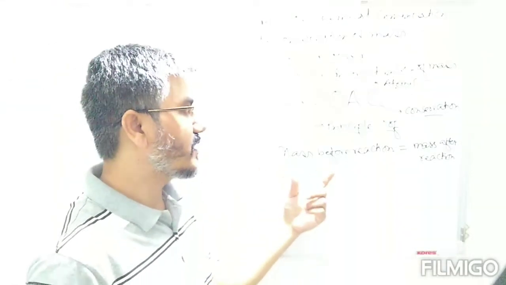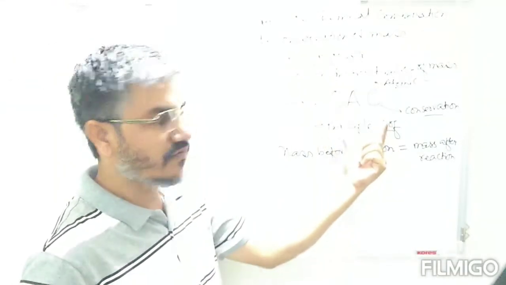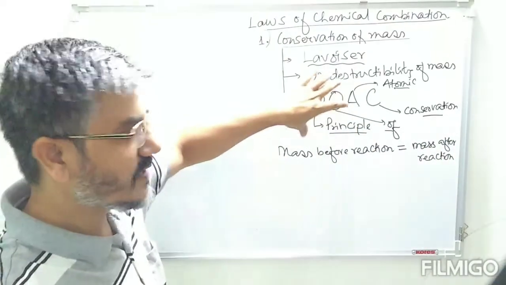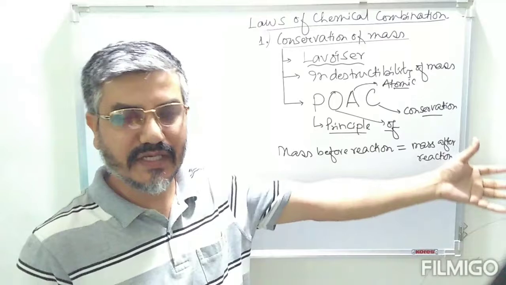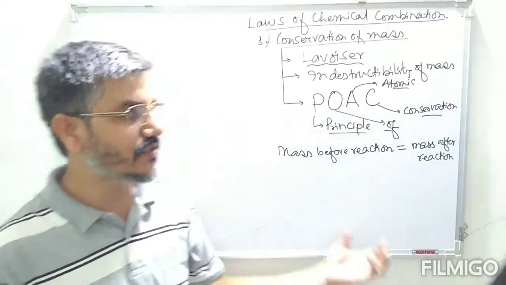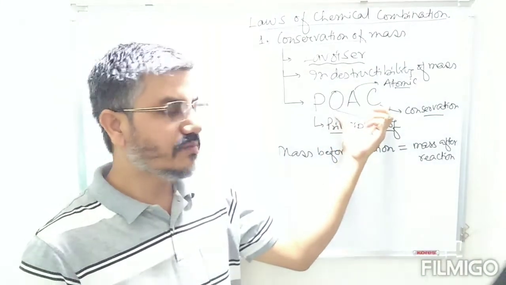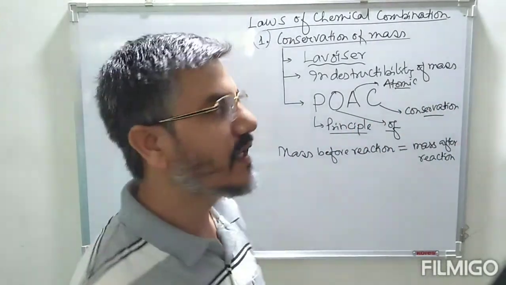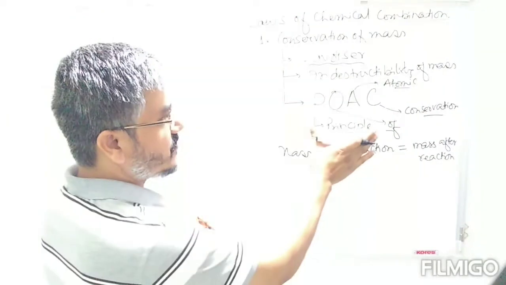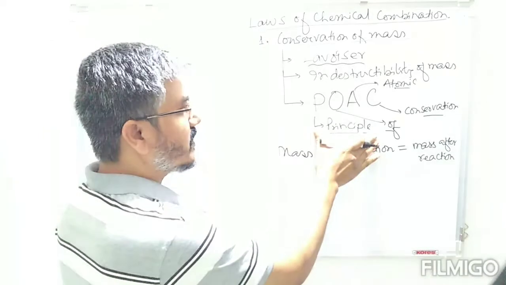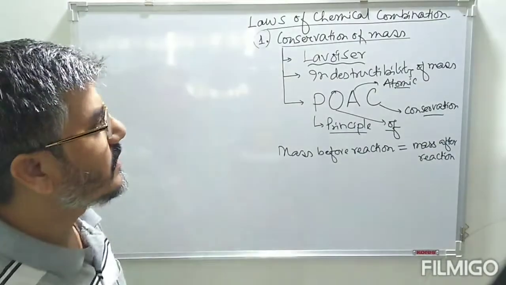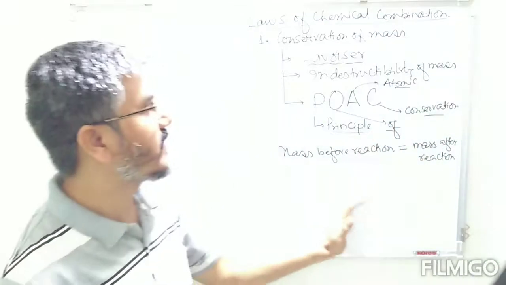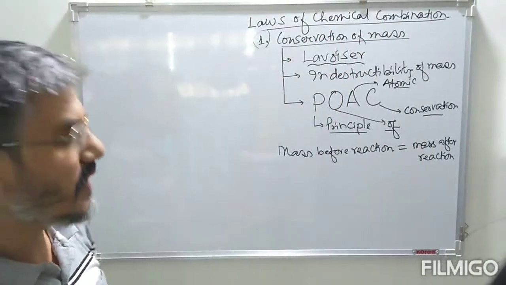Because in any given chemical reaction, there is conservation of atoms before and after the reaction. That means every chemical reaction should be a balanced chemical reaction. In a balanced chemical reaction, the atoms on the left hand side and the atoms on the right hand side should be exactly identical. So since the atoms remain conserved in any given chemical reaction, the mass of the system should also be conserved. That is conservation of mass.